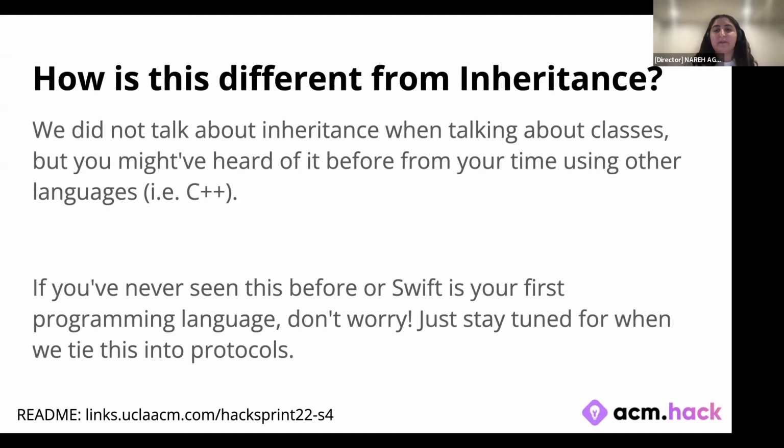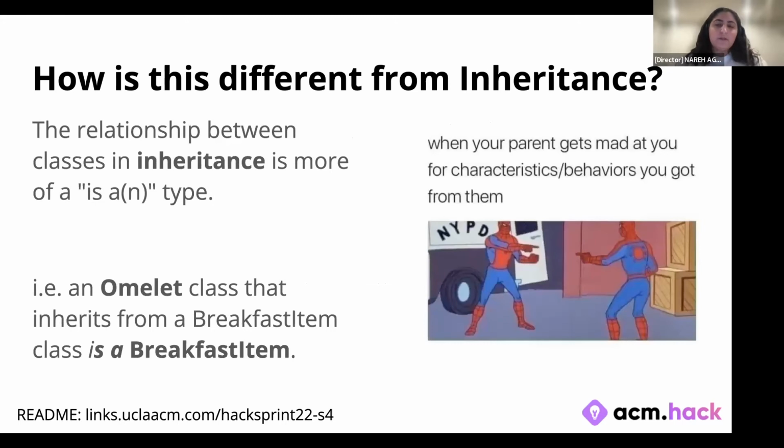But we just want to make this differentiation to anticipate anyone who might be coming from that C++ or other language background. So specifically, inheritance is a relationship between classes where the parent class is saying that you are of this type.